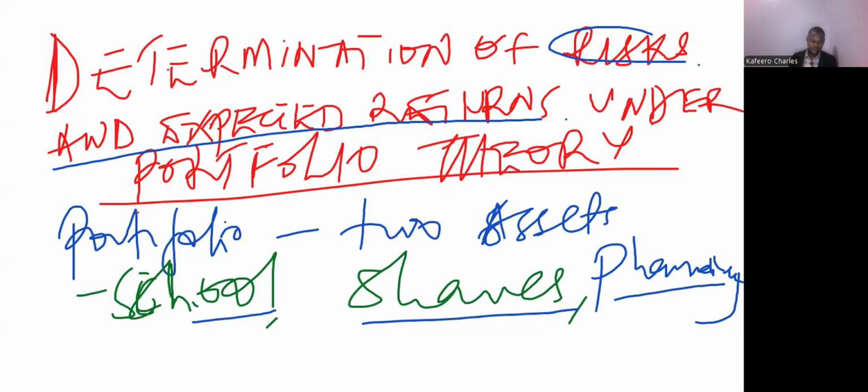That's why the first thing we do is formulate the portfolios to be 2.